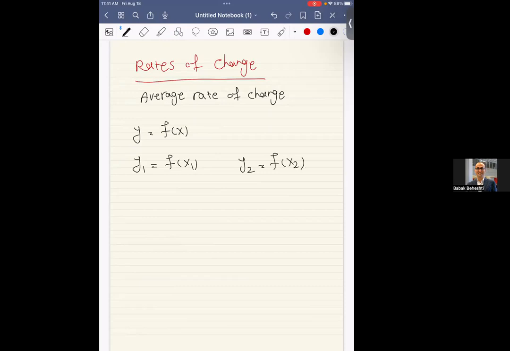So the average rate of change from x1 to x2, I just write AROC, is equal to y2 minus y1 divided by x2 minus x1, which is f of x2 minus f of x1 divided by x2 minus x1.